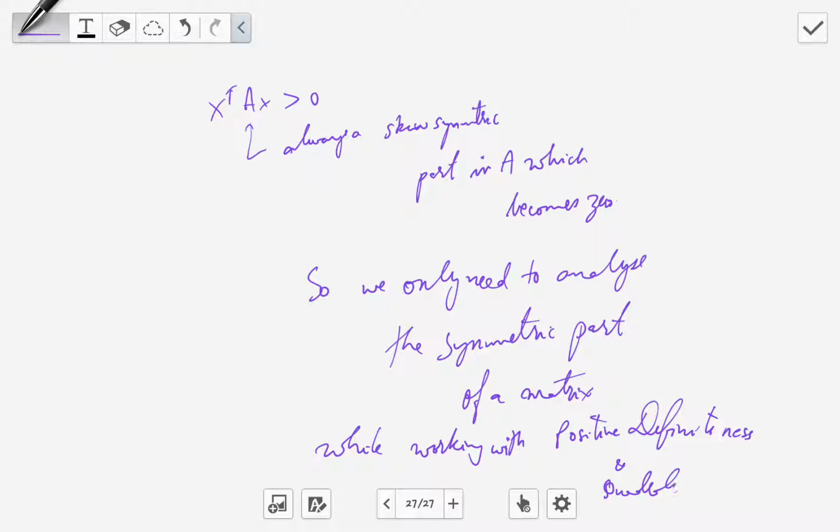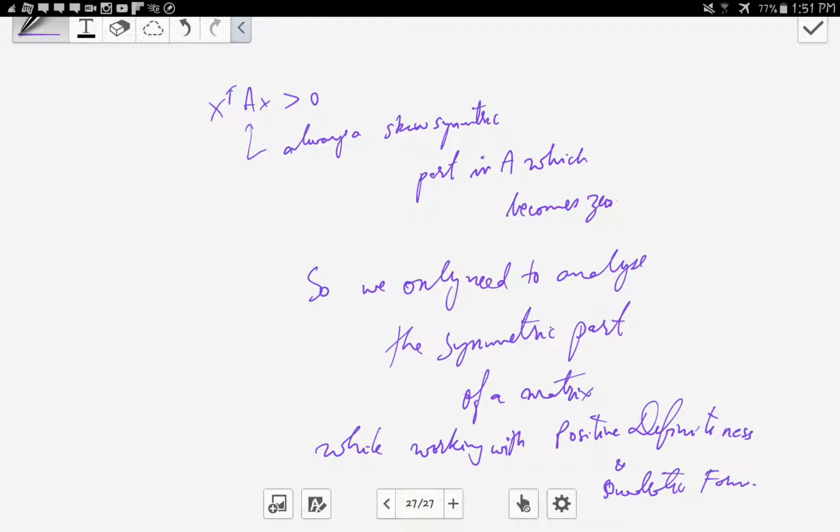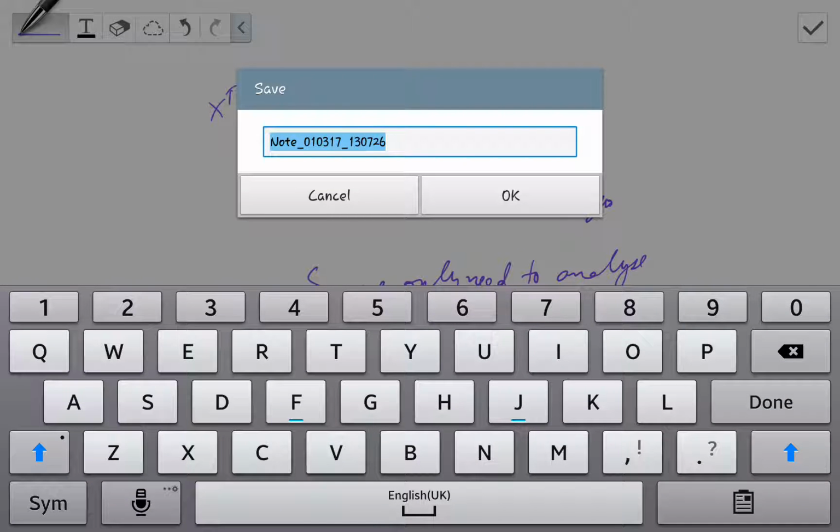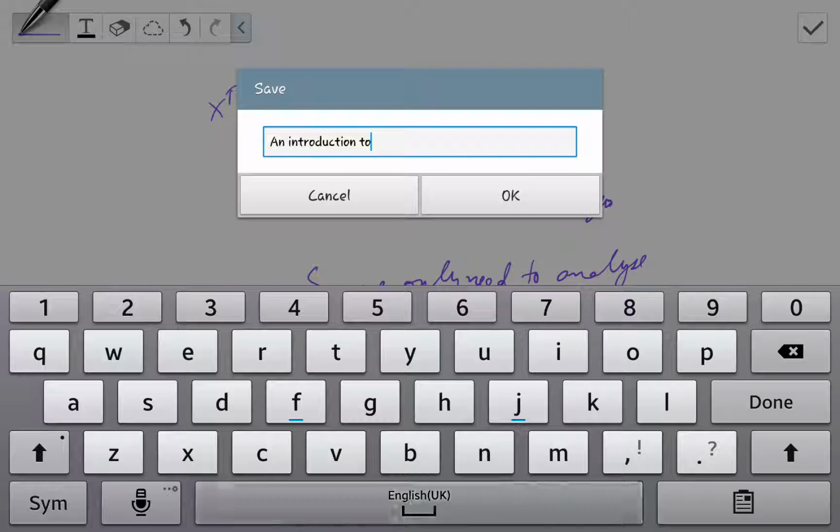This means that in any quadratic form x transpose Bx, the B matrix can be taken to be symmetric. We can take the symmetric part of B, so we can always consider B symmetric.